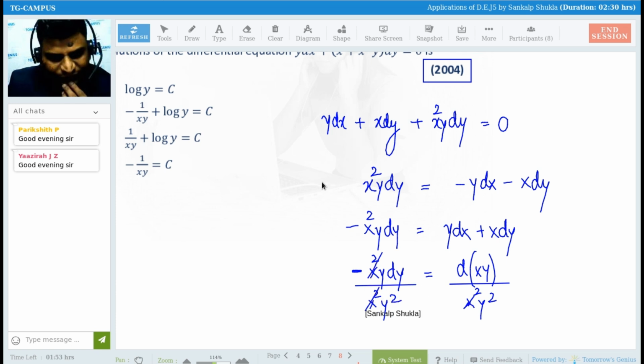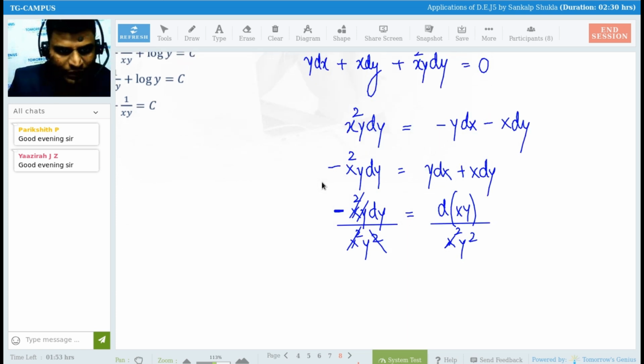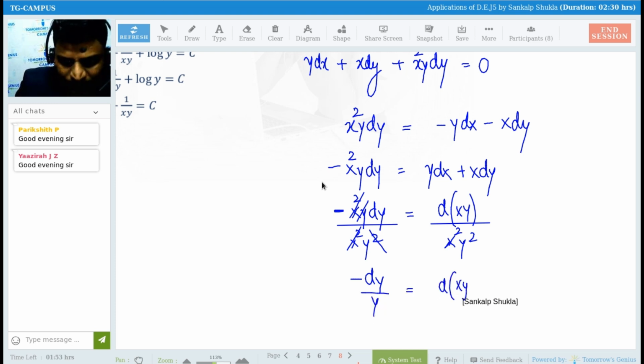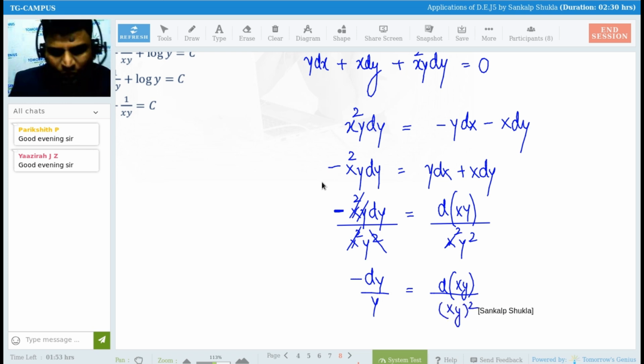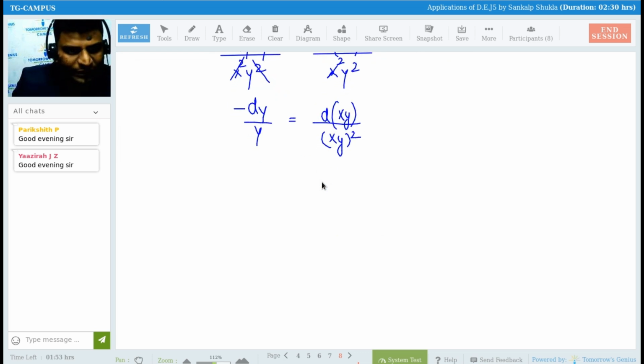See, this x square and x square will get cancelled, and y and y square will leave dy by y. So here we are getting minus dy by y, and here we are getting d of xy upon xy whole square. Got it?